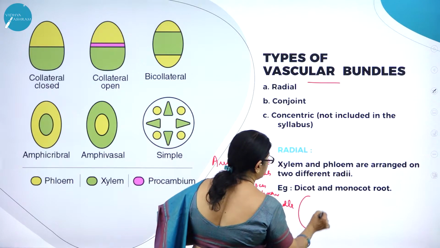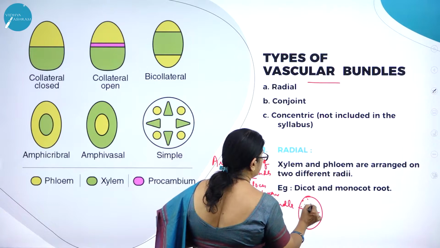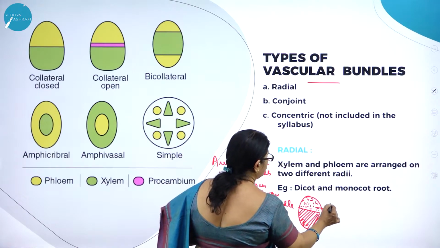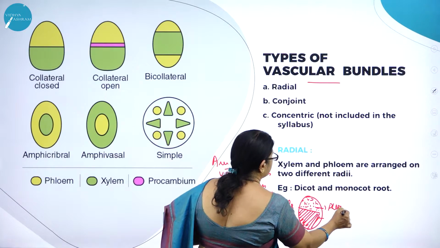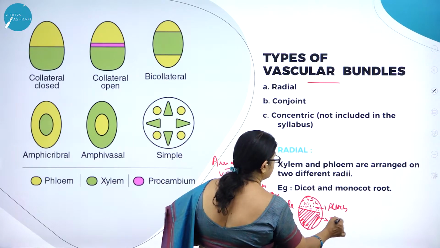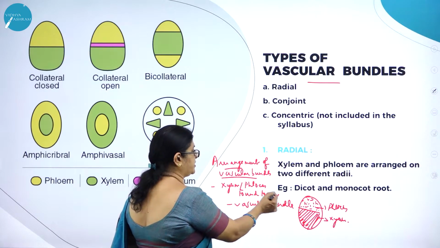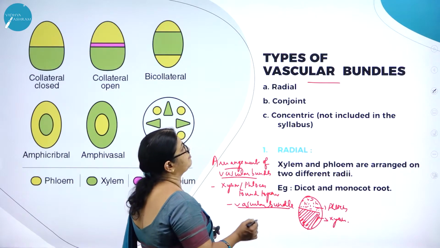That is, this is phloem and this is xylem. So when phloem and xylem are found together, this is called a vascular bundle.